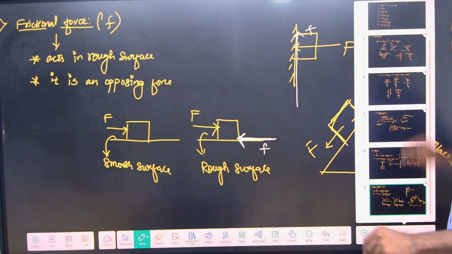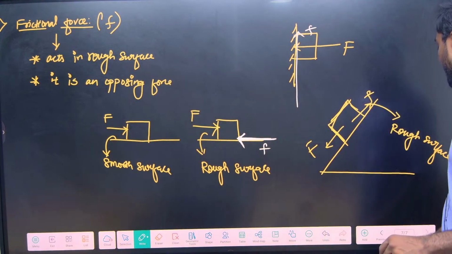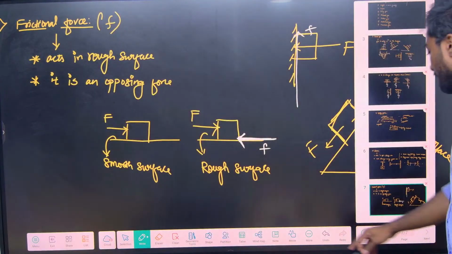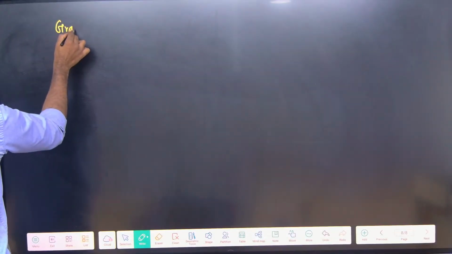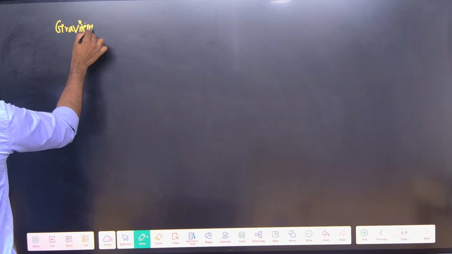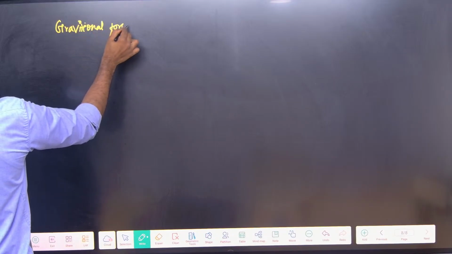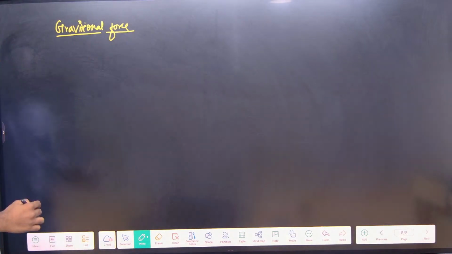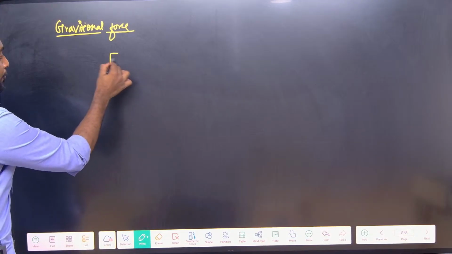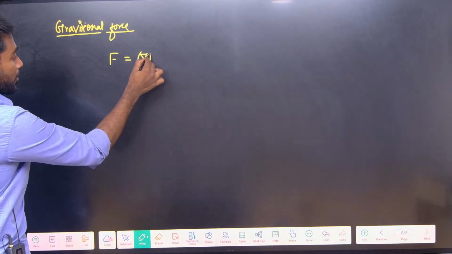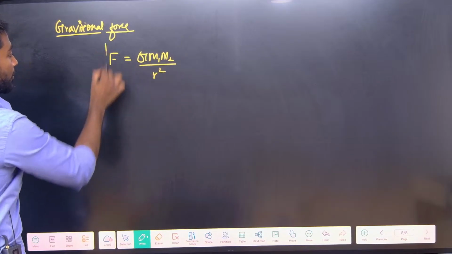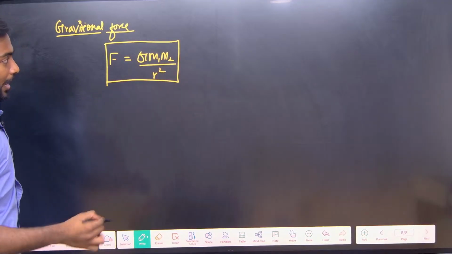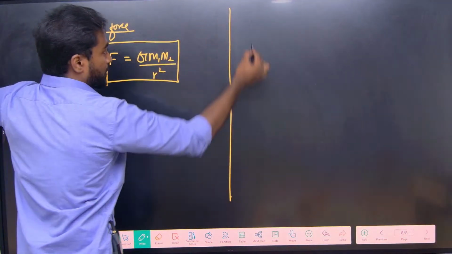Done? Then we'll talk about nuclear force, electrostatic force and gravitational force. First, let me complete the gravitational force. So the basic formula I will tell you here: F is equal to G m1 m2 by r square. This is the gravitational force, and let me connect it with electrostatic force also.